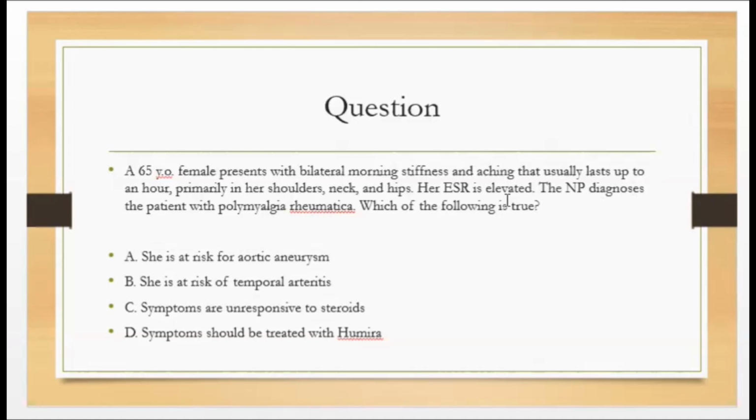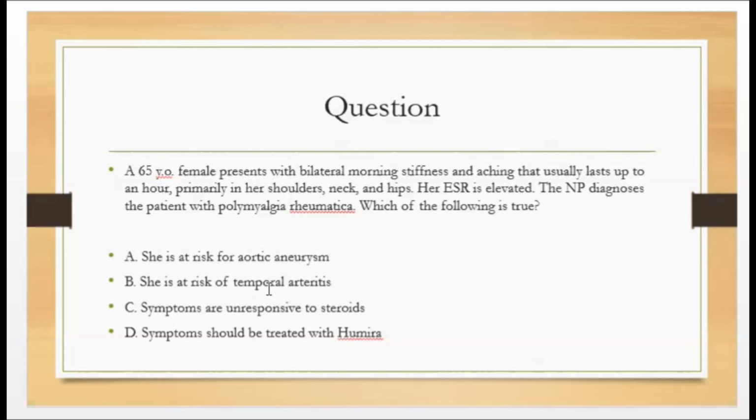So if you listen attentively, polymyalgia rheumatica is associated with what? Temporal arteritis. So these are the kind of questions you don't have to overthink. The answer is here, looking at you. Temporal arteritis. And this is when you have to be worried about what? Permanent blindness. So the option can be to educate the patient, to refer the patient to an ophthalmologist.